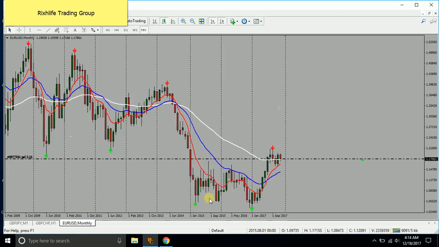First and foremost, I have the Rich Life template up. Okay, I'm on the monthly time frame. Same process, okay?